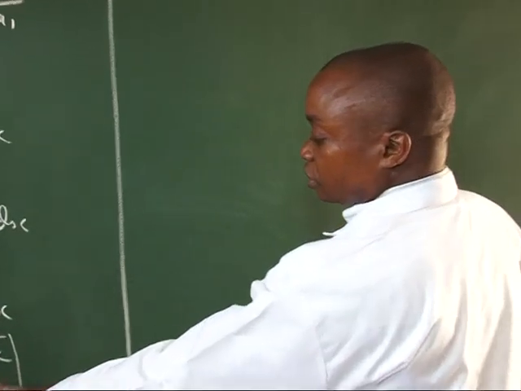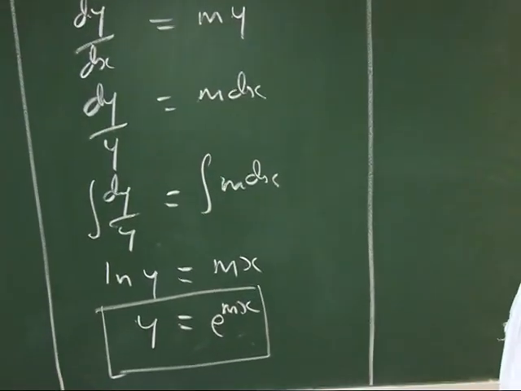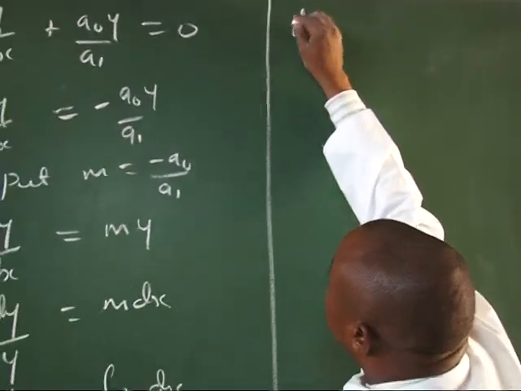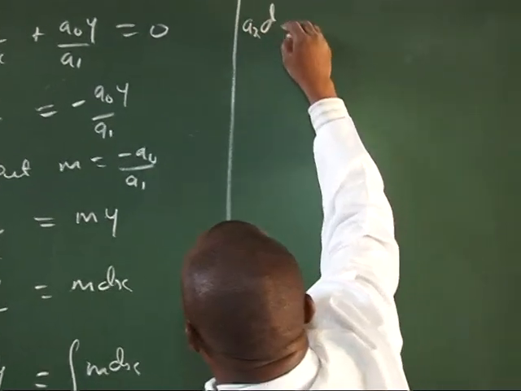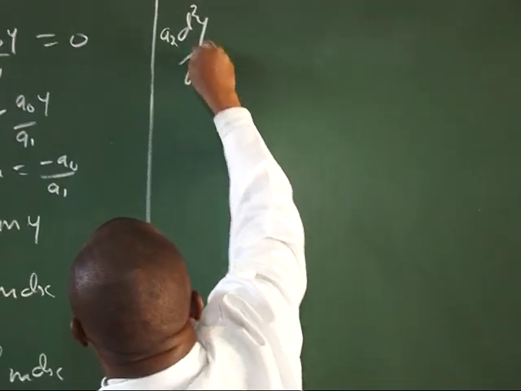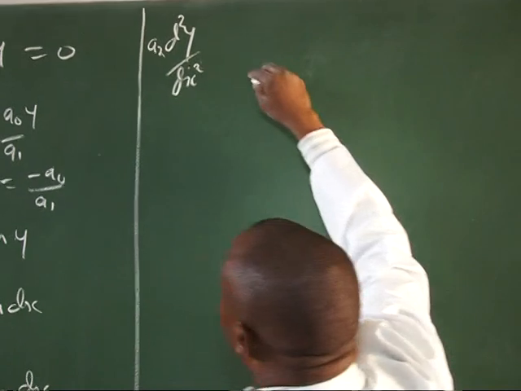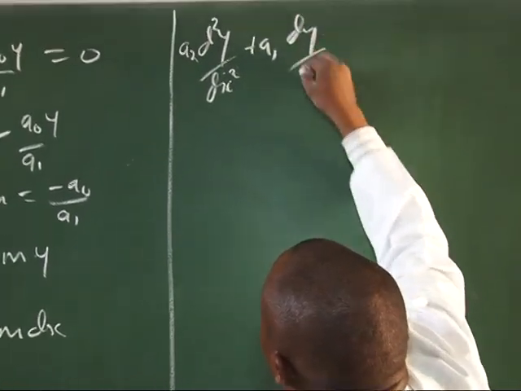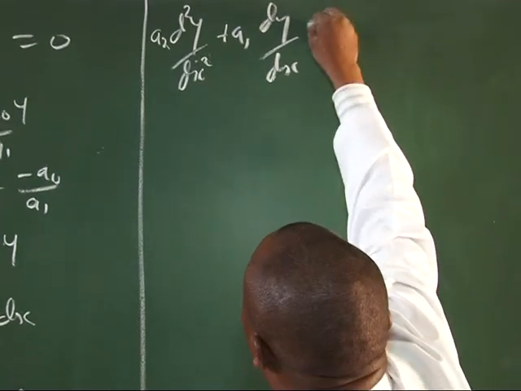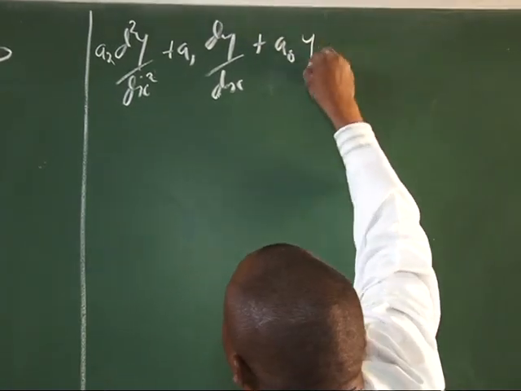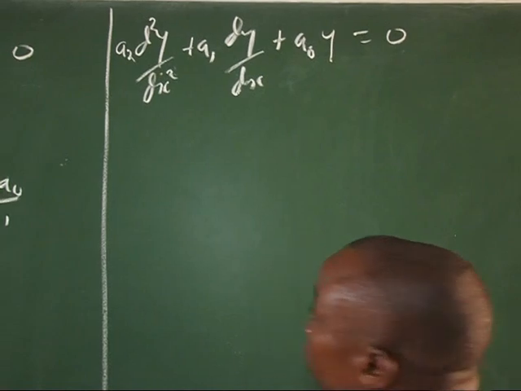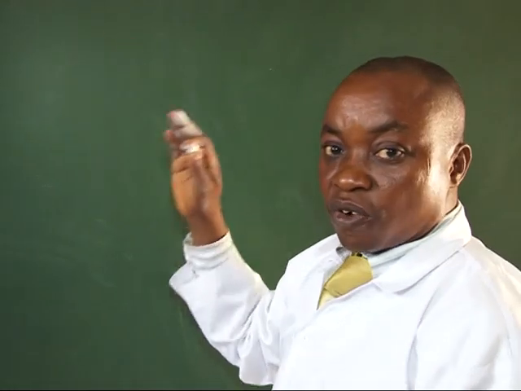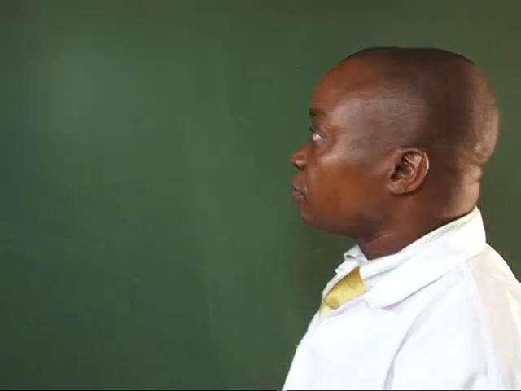We know that second order is of this form: a subscript 2 d squared y over dx squared plus a subscript 1 dy dx plus a subscript 0 y equals 0. That is the second order homogeneous differential equation with constant coefficients.